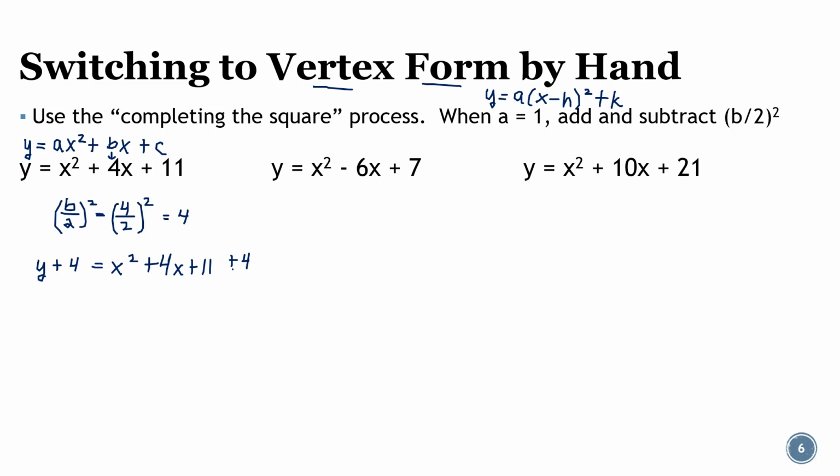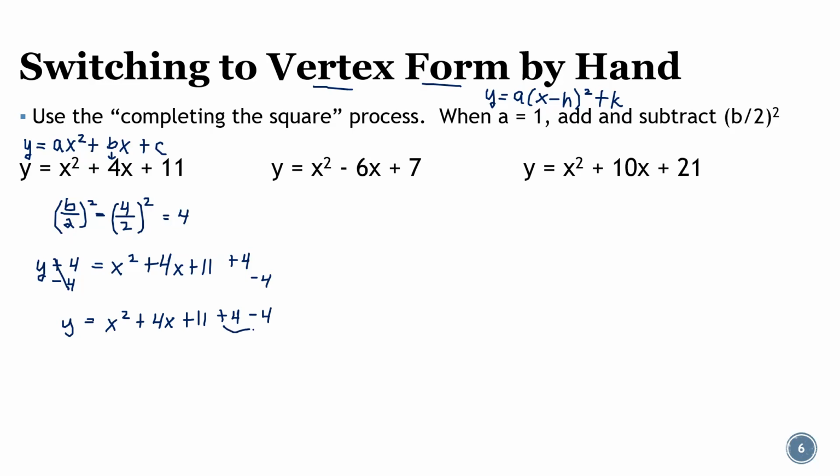However, we don't really want y plus 4 equal to something, because if we have that, we would then have to do additional work to get this into the correct format where it's y equals. So if I now want to get y by itself, I would subtract 4 from both sides. These guys cancel, and I have y equals x squared plus 4x plus 11 plus 4 minus 4.